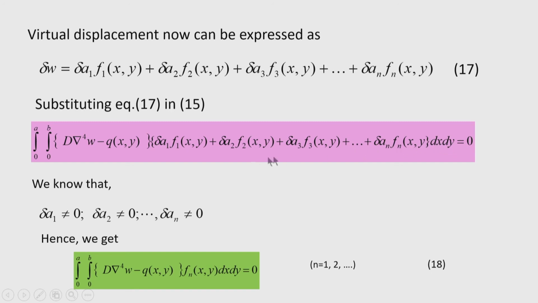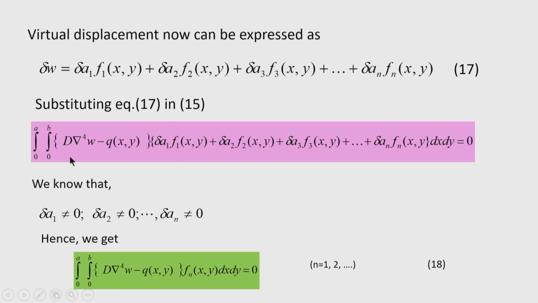Now, you can see that if I break the term, that means if I multiply term by term and then interpret the results of the multiplication of the left hand side, then we get that since delta a1, delta a2 etcetera are non-zero quantities, therefore, we must get the integral of D del 4 w minus q(x,y) into f1(x,y) equal to 0.